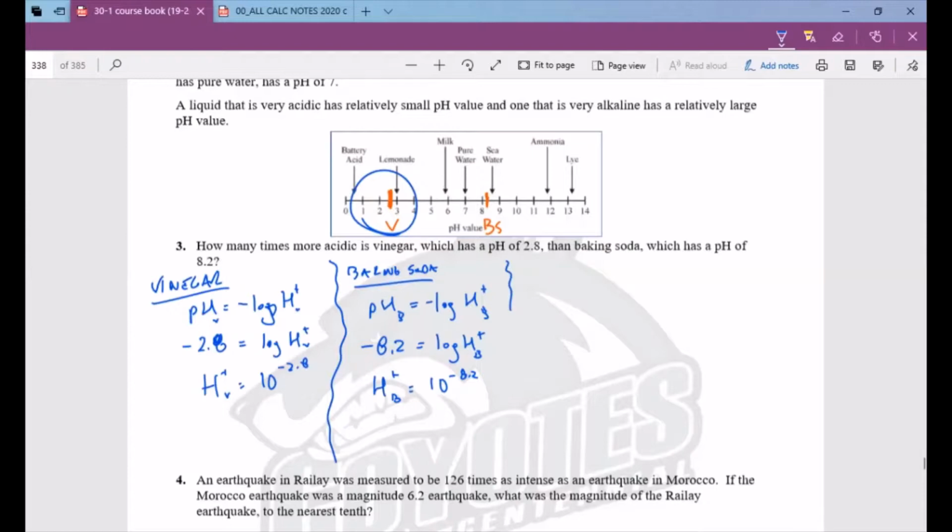And so now we go to compare how many times more acidic this is, and we end up with H plus of vinegar over H plus of baking soda is equal to 10 to the negative 2.8 divided by 10 to the negative 8.2.